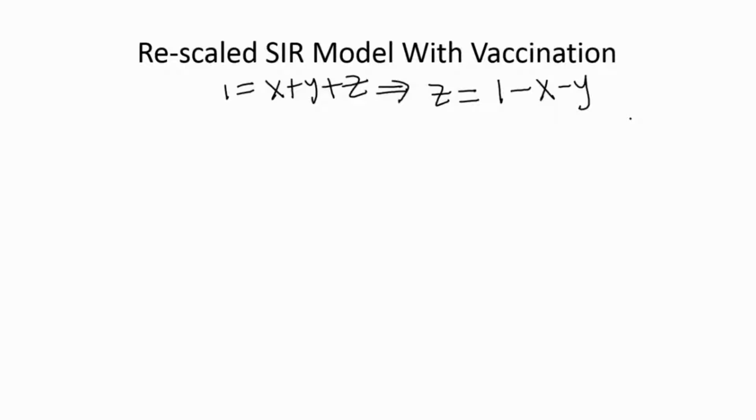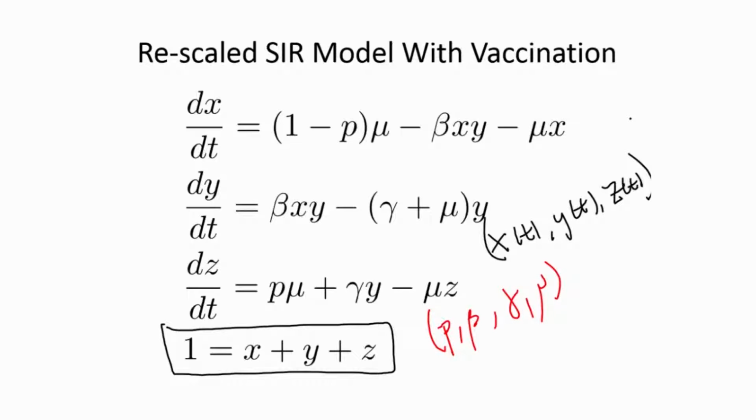So in the 3 equations that I have here, wherever the state variable z appears, I could substitute z by 1 minus x minus y. However, we should notice that z only appears on the last equation, okay? On the first 2 equations, there is no z. But if there was an expression with z, we could do that substitution, okay?